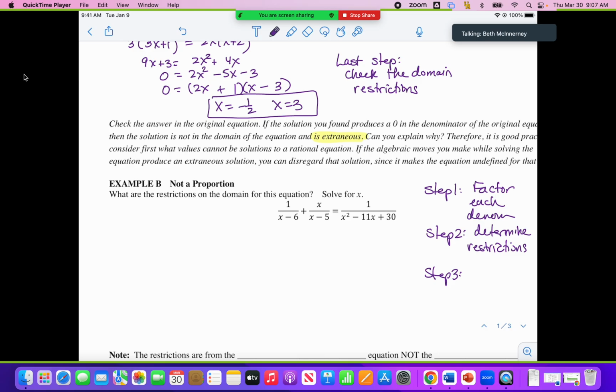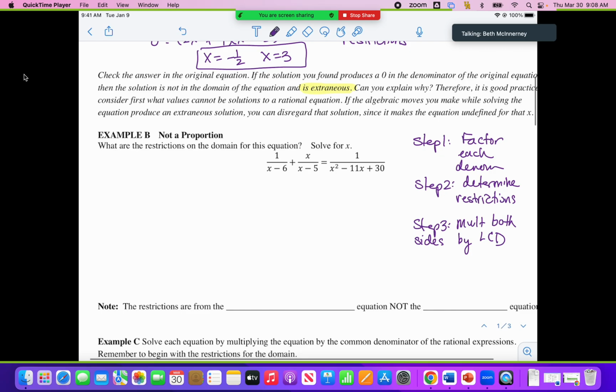Again, if it's not a proportion, you're going to step 1, factor each denominator. Step 2, right then and there, determine your domain restrictions. Step 3, multiply both sides by the LCD.